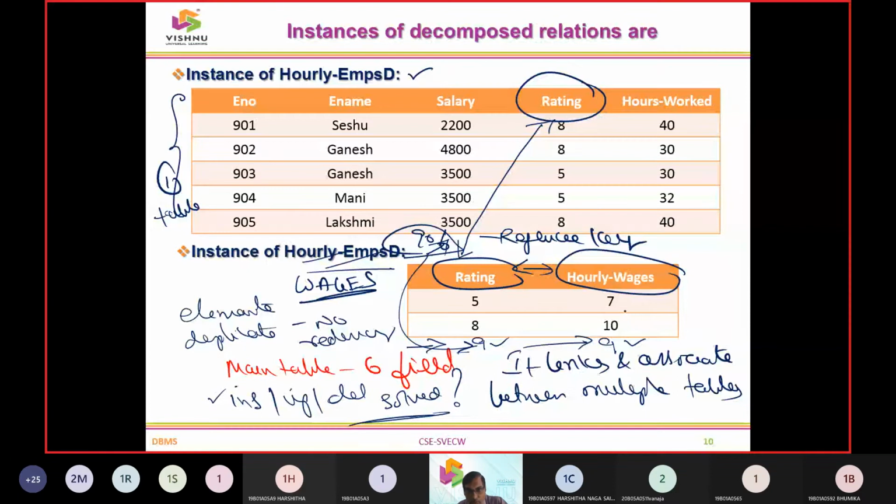Got it? Second, if we delete a record in this case, only the record in the second table is going to be lost, and it is not affecting the main table. So insert is solved, delete is solved. Similarly, I am going to update 9 and 9 here.